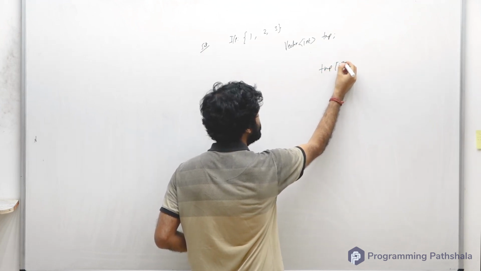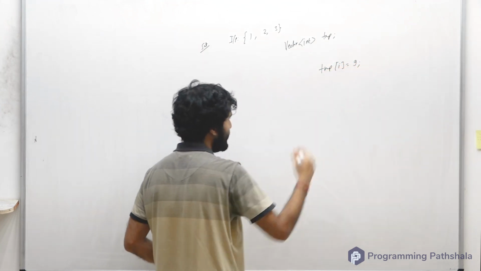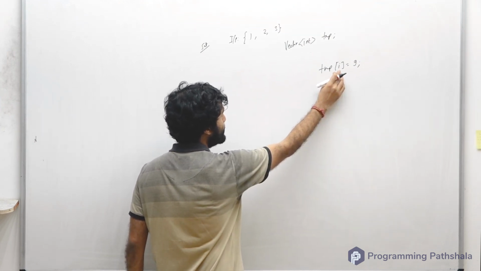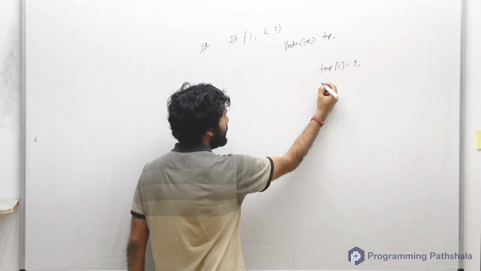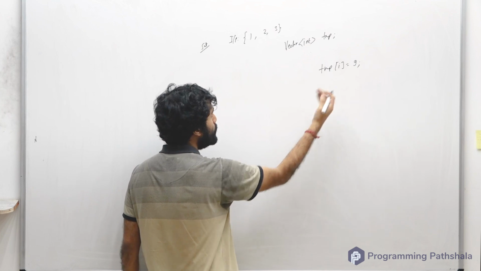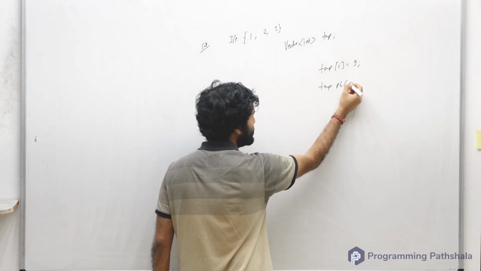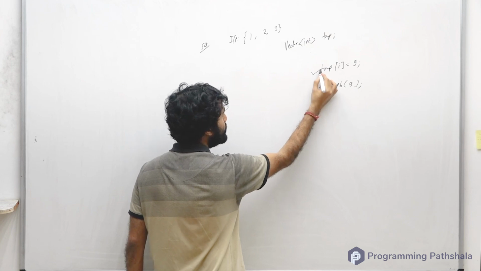You can do temp of i equals 9 to place a value at the ith slot in this vector. But another way to push an element in the vector is temp.push_back(9). What is the difference between this and this?